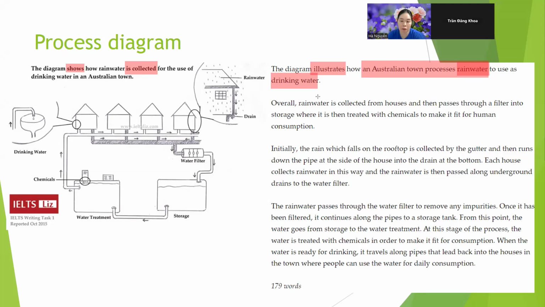Now the overview. For a process diagram, you need to give an overview of every step in the process. Rainwater is collected from houses and passes through a filter to a storage where it is treated with chemicals to make it fit for human consumption. That is a very good summary of the whole process.